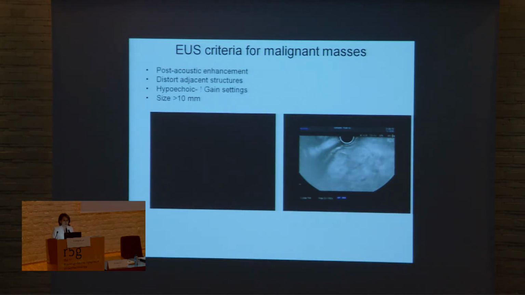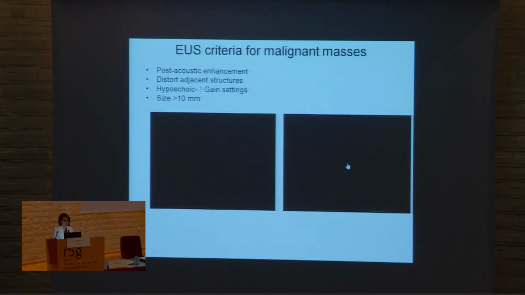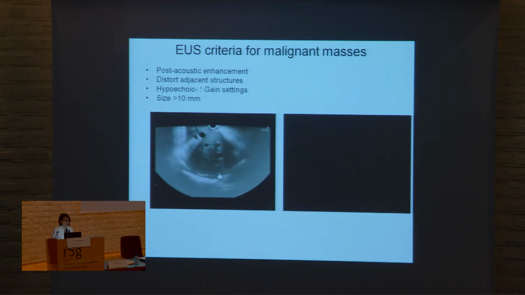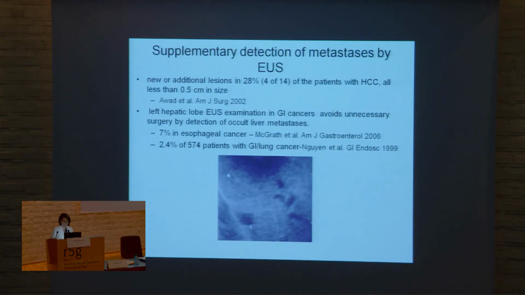This is an example of what we can see here. It was a huge mass in the left lobe, and it's very easy to see that everything is with vascularity inside, or in this situation we can see that all the elements are distorted over here. So again, another sign of malignancy.